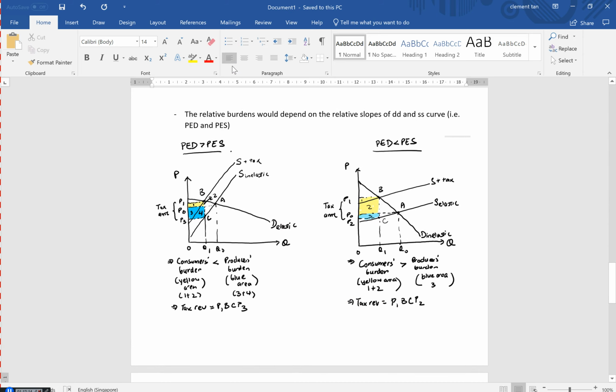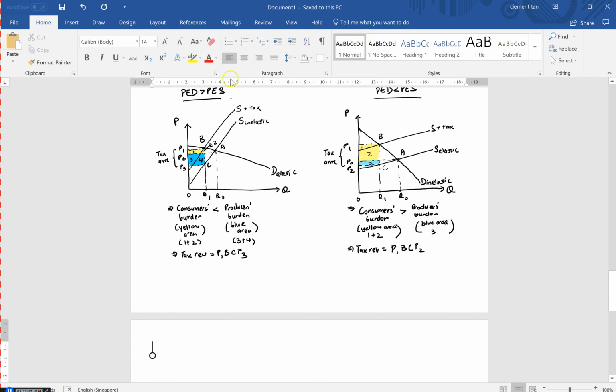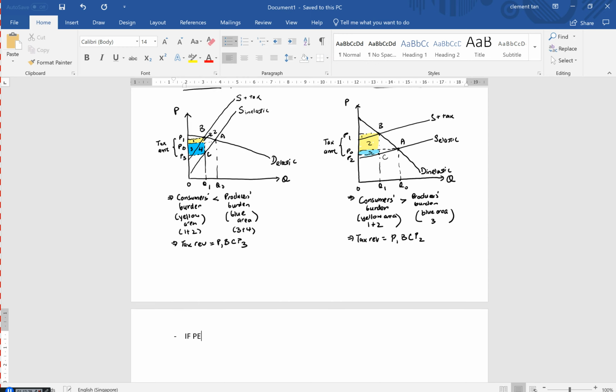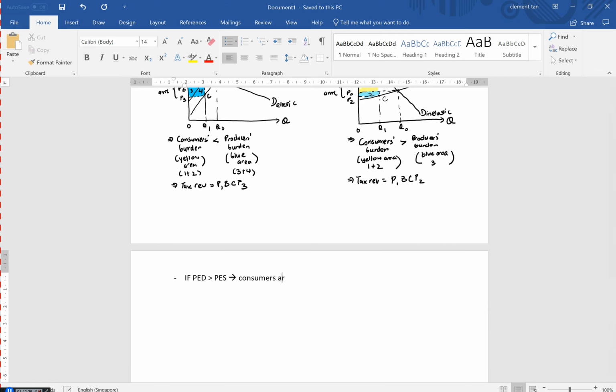So let me explain it in words. Why is it like that? It's because if PED is more than PS, that means consumers are relatively more responsive to changes in price compared to producers.